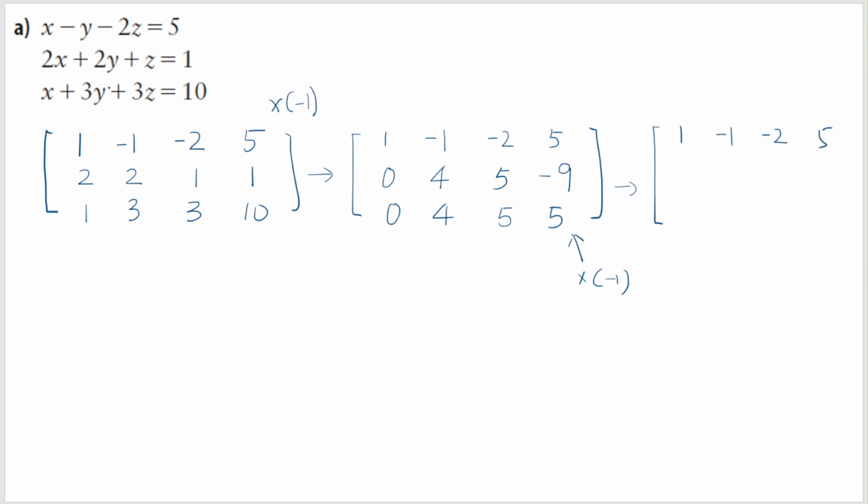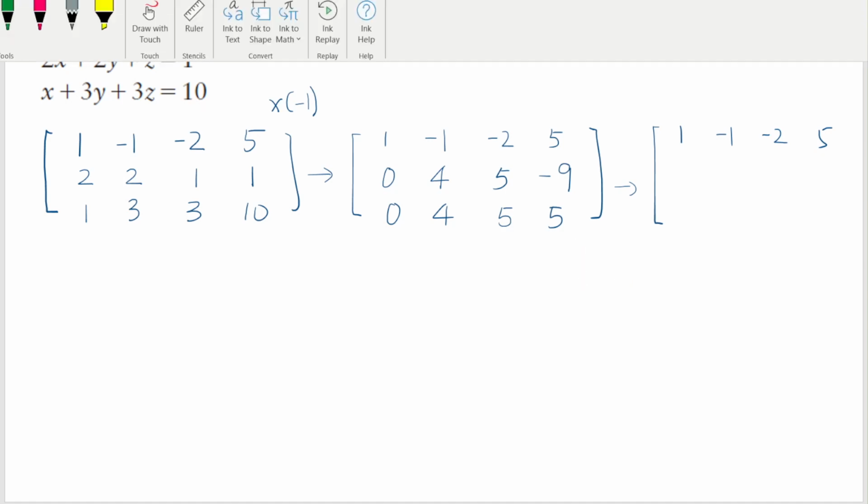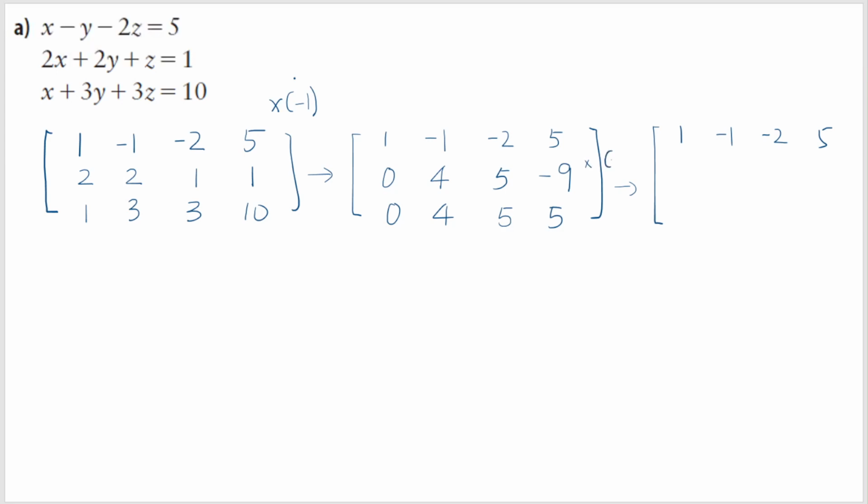I think it's better to use the second row times -1 added to the third row. So that second row times -1 added to the third row. Second one does not change, 0, 4, 5, -9. But the third row just becomes 0, 0, 0, and 14, right?